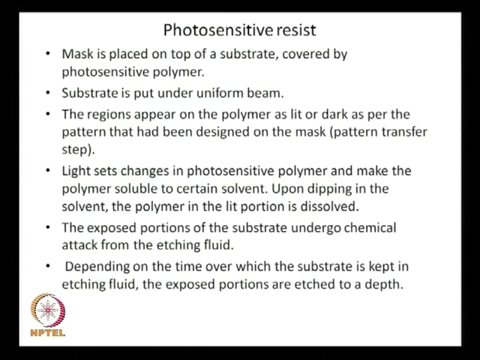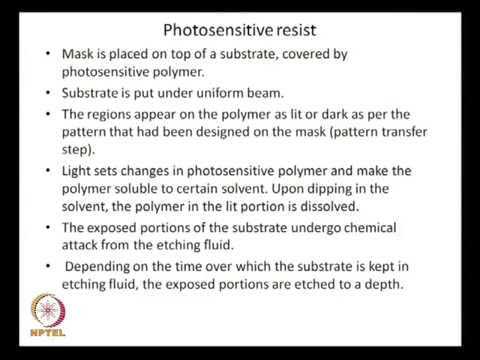Next, after the uniform coating of the substrate with photosensitive polymer, the substrate is put under a uniform beam. That is what we discussed, photolithography. The regions appear on the polymer as lit or dark as per the pattern that had been designed on the mask. This is referred to as the pattern transfer step.